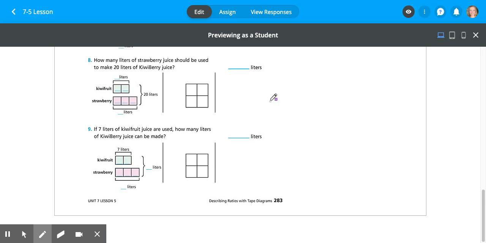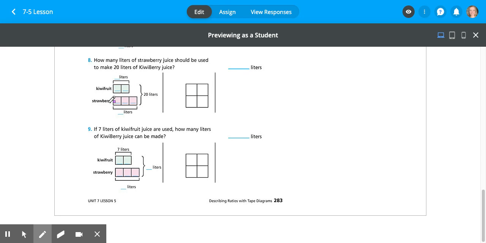So we need to figure out, let's see, okay, so we know that we have a total of 20 liters, and it needs to be split up into 3 parts here and 2 parts here.